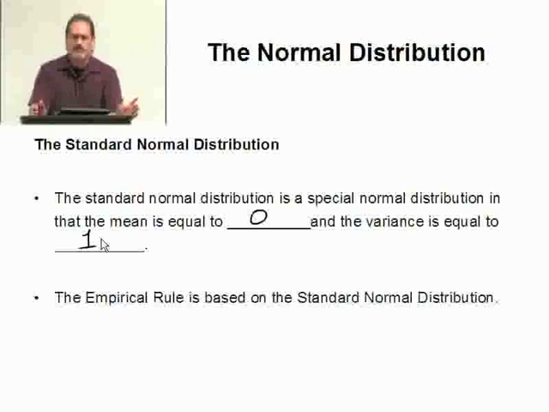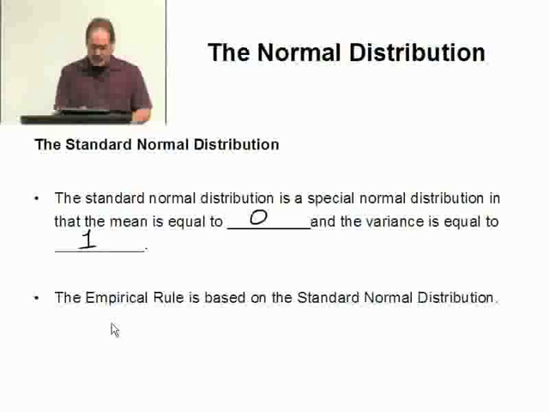If I have a normal distribution with a mean of 0 and a variance of 6, it's not a standard normal. Likewise, if the variance is 1, but the mean is anything other than 0, maybe 23 or something, then it's not a standard normal. It has to have both those conditions. If the mean is 0 and the variance, hence standard deviation, is 1, I don't care what you're talking about, that is, by definition, a standard normal distribution.